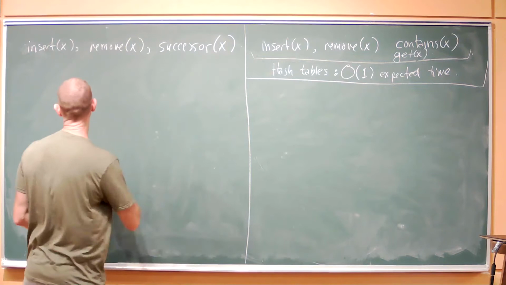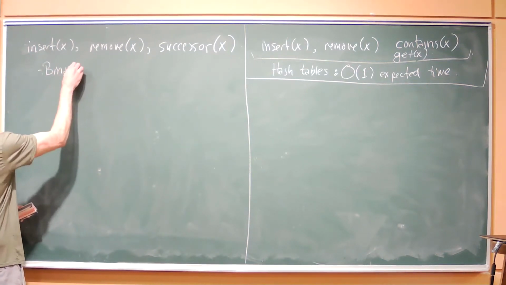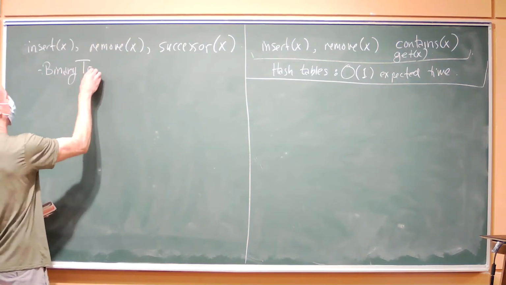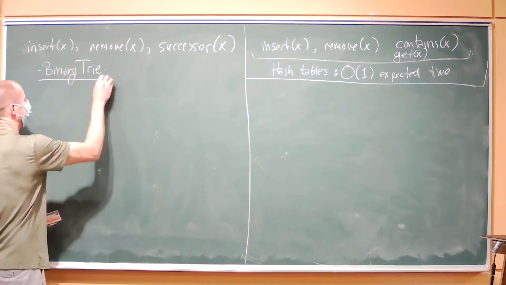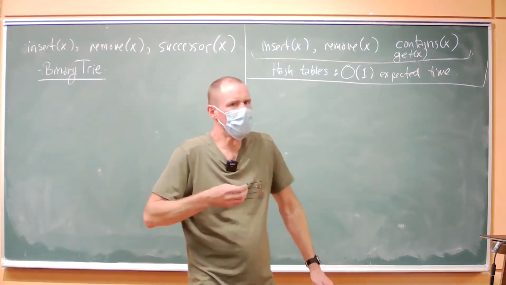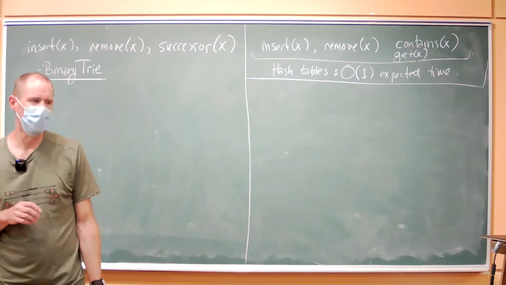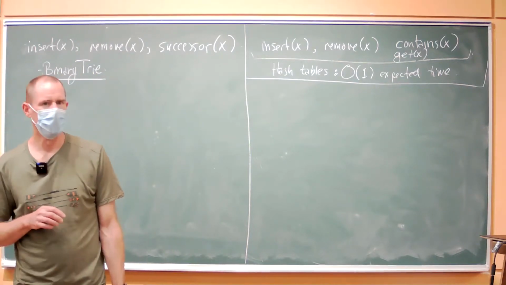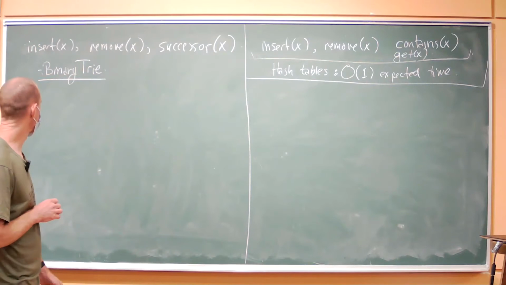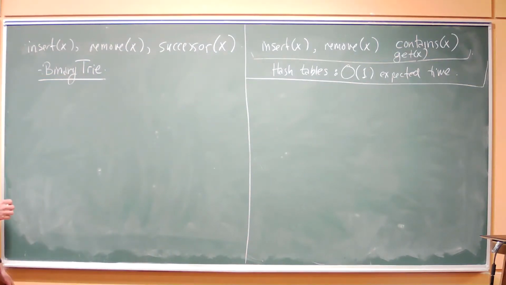All right. But let's start with something really simple first. And this is the binary trie. And some of you, if you have taken data structures with me, are going to have seen this before. Sorry about that. It's usually taught at the end of the course because it is advanced material, not typically taught in an undergrad course. So this may be a review for you, but most of you, I think, are not in that position.